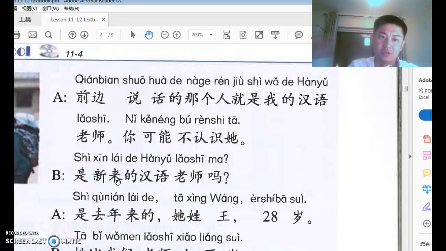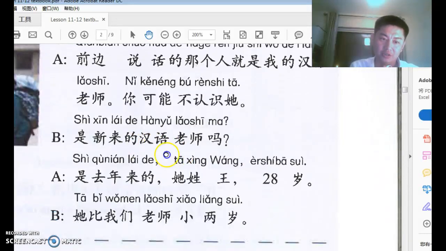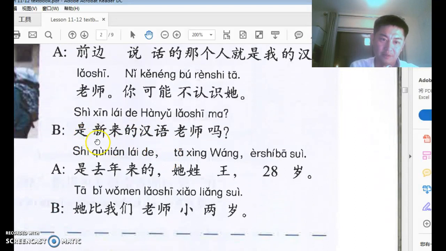Okay, from a distance to a place. So newly come, newly arrived Chinese teacher. Is it? Okay. And A says 是去年来的, omission, 汉语老师 is omitted. 是去年来的汉语老师。他姓王。姓 surname. 我姓李，你姓什么？What's your surname?